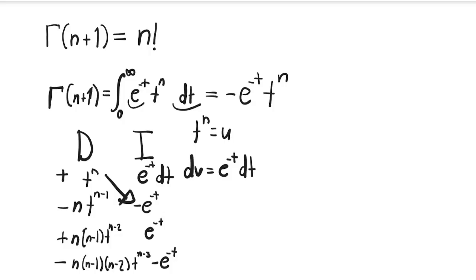And now we can stop here and notice that we will have here a minus n times t to the n minus 1 times e to minus t.